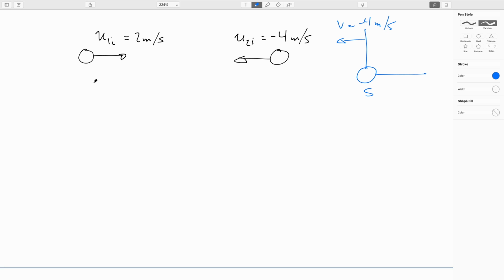So then S prime would say that this would be going at 2 minus a -4 is +6 meters per second to them. And this is just plain stationary.